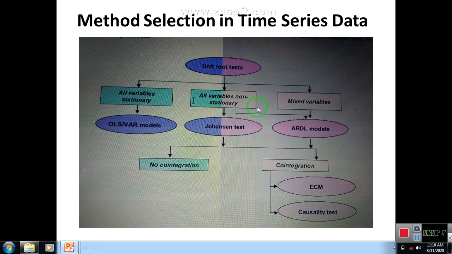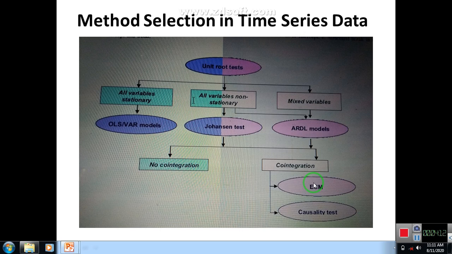And if there is co-integration, then we may check the causality, the direction of the relationship, cause and effect, whether there is a unidirectional relationship or a bidirectional relationship. And the value of the ECM, error correction model.